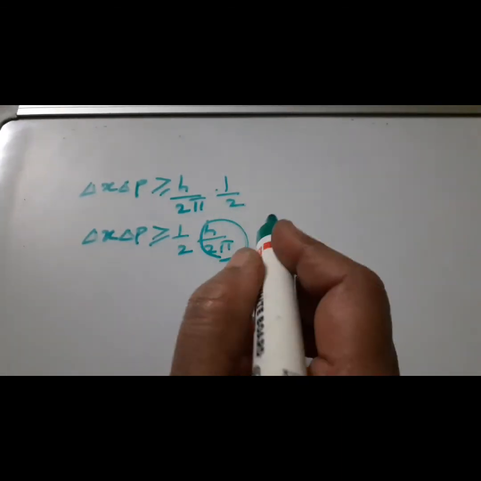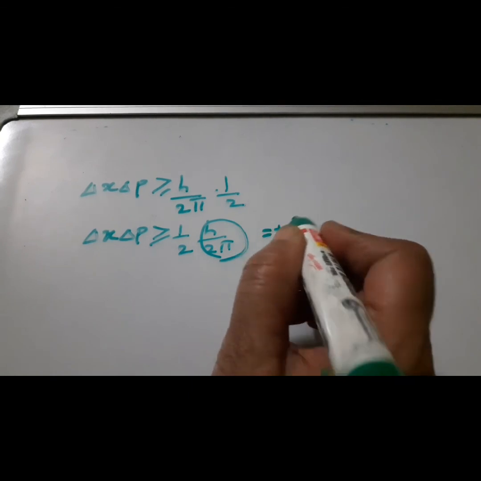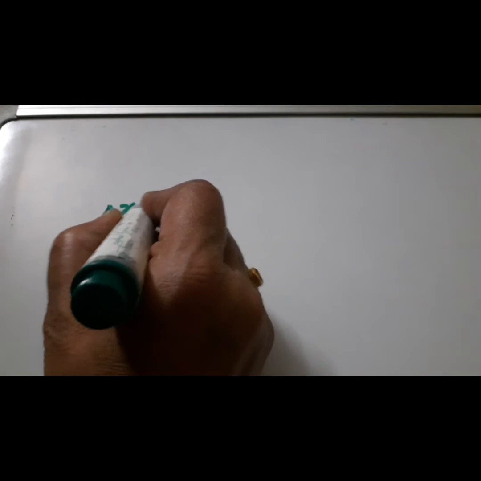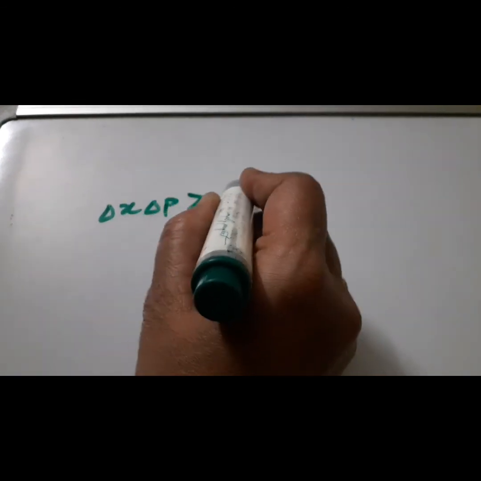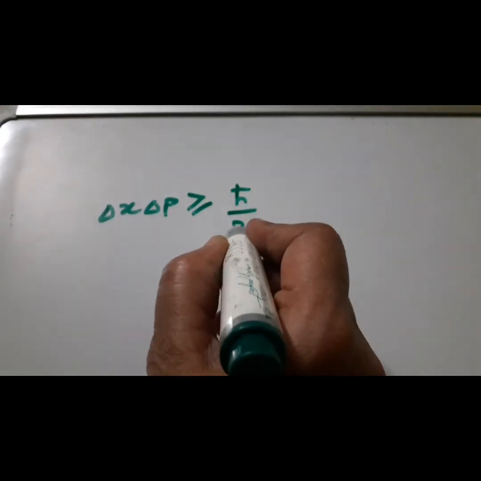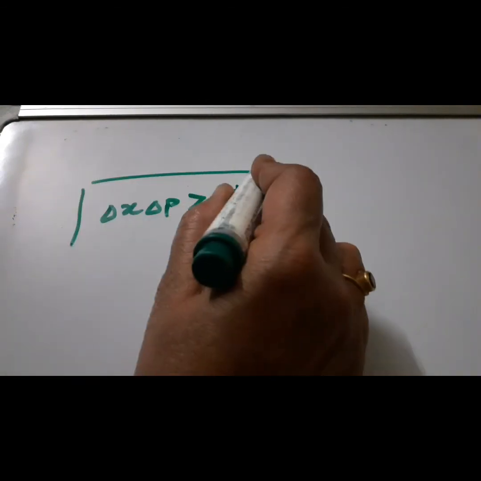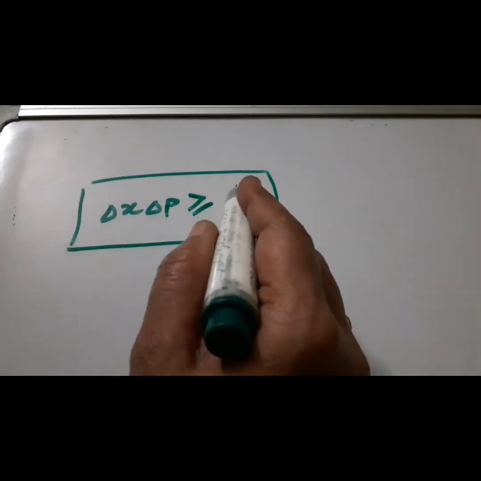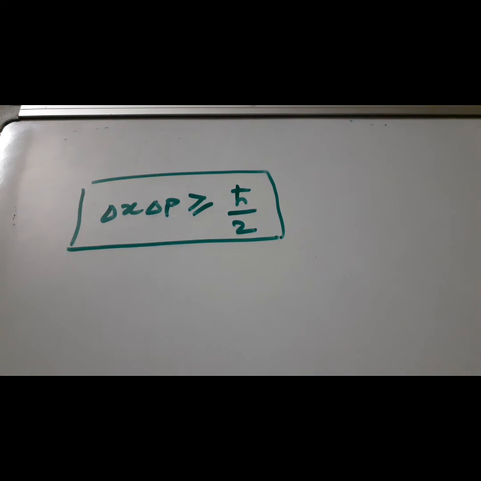But h upon 2 pi is equal to what? h cross. So delta x delta p is greater than or equal to h cross by 2. Here h cross is the reduced Planck's constant. Thanks.